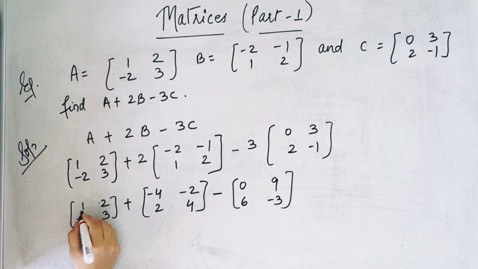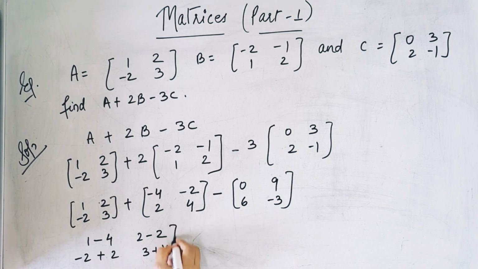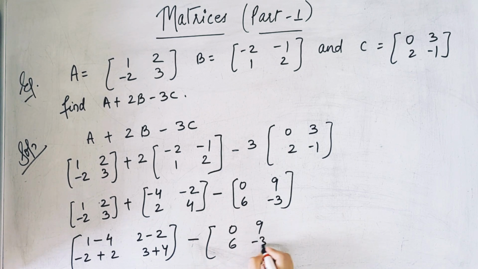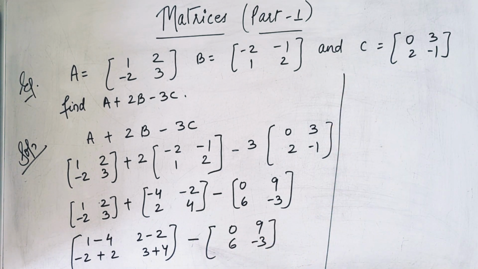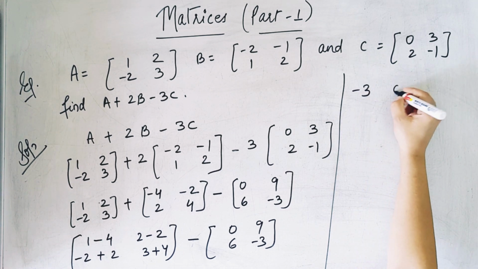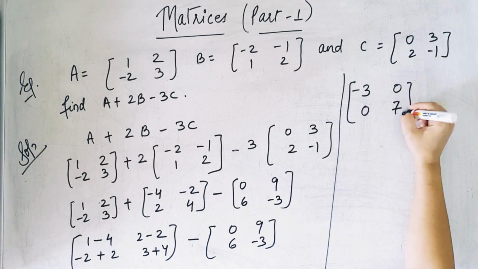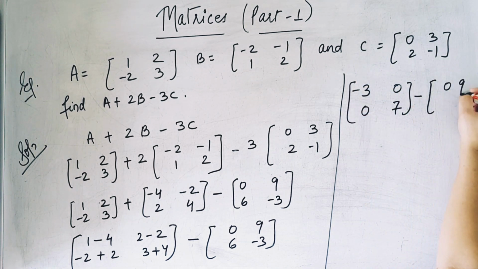Now we'll solve it. 1 minus 4, 2 minus 2, minus 2 plus 2, 3 plus 4. We have to subtract the matrix 0 9 6 minus 3 from it. Now 1 minus 4, I'll get minus 3, 2 minus 2 is 0, minus 2 plus 2 is 0, 4 plus 3 is 7. What matrix do we subtract? 0 9 6 minus 3.